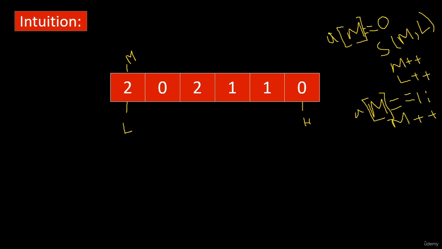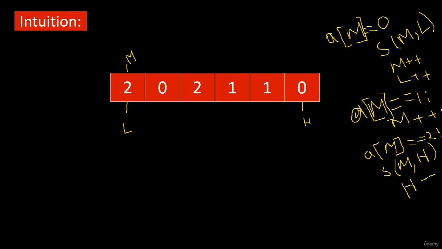Here, let's say A for array. If the middle pointer points to 0, we're going to swap the middle and low elements, and move the middle and low pointers to the next element. If the middle pointer points to the element 1, we're going to move the middle pointer to the next element. If the middle pointer points to the element 2, we're going to swap the elements at the middle pointer and the high pointer, and we're going to move the high pointer to the left.